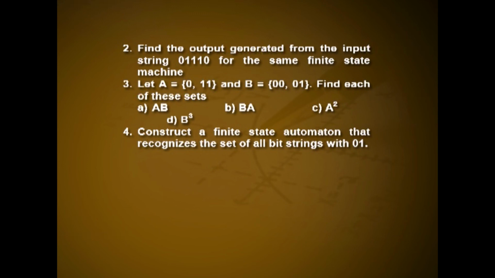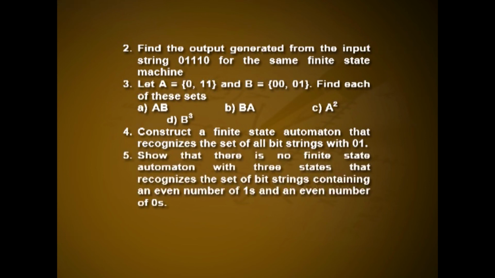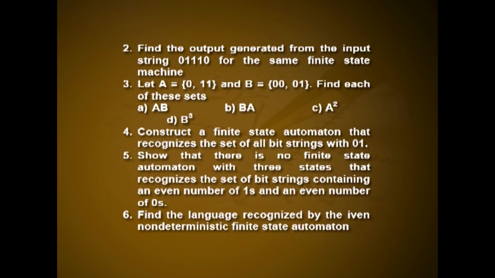Fourth one, construct a finite state automaton that recognizes the set of all bit strings with 0, 1. Next problem, show that there is no finite state automaton with 3 states that recognizes the set of bit strings containing an even number of ones and an even number of zeros. Sixth one, find the language recognized by the given non-deterministic finite state automaton.